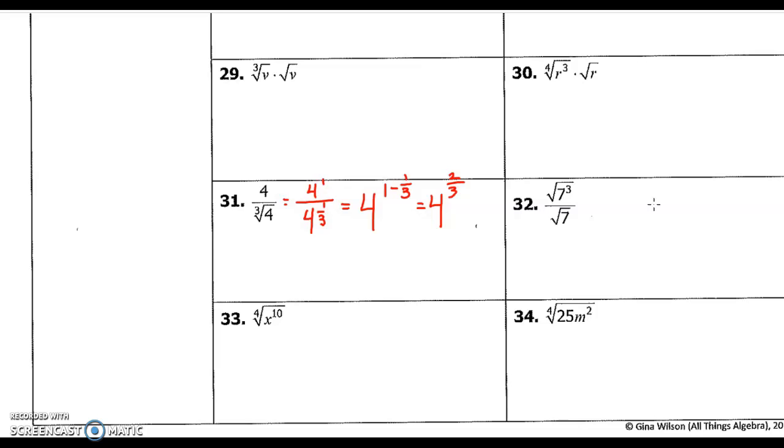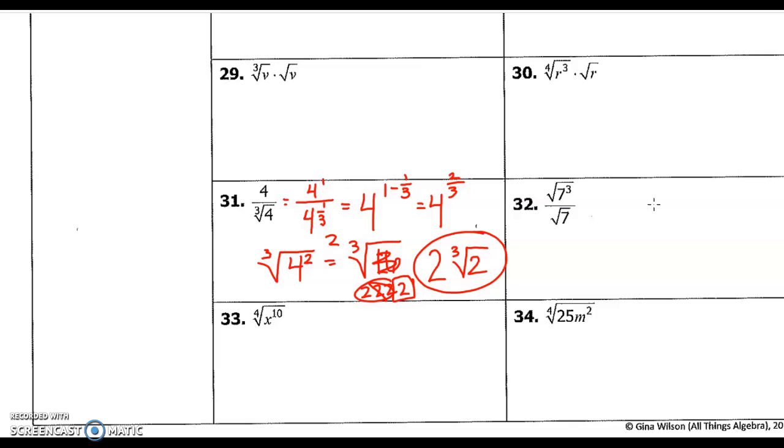Well, 4 to the 2/3 would be the cube root of 4 squared. We know that 4 squared is 16. We've broken that down so many times to know that it's going to be 4 2's. So if I'm making groups of 3, I have a 2 out and a 2 in. So I'm at 2 times the cube root of 2. I know I'm a dork, but I think these are like fun little games.